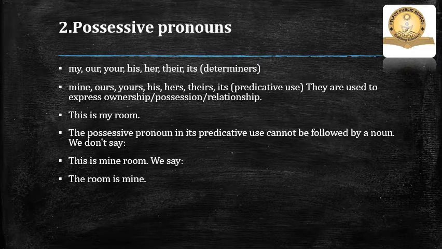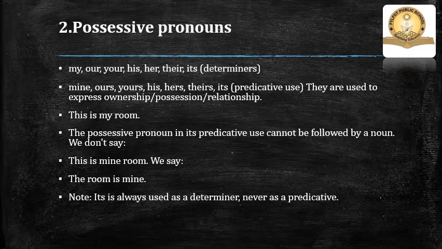Whenever we are using a possessive pronoun as a predicate, we have to keep in mind that it cannot be followed by a noun. The noun has to be before it, not after it.